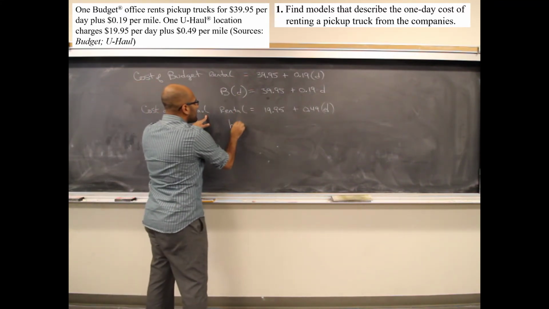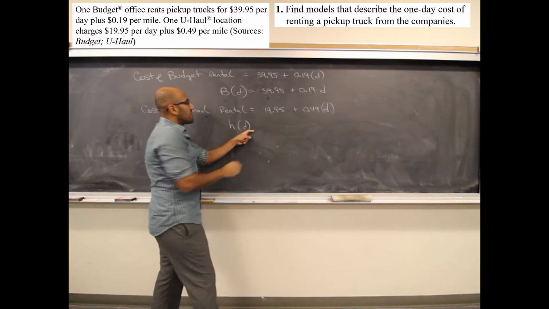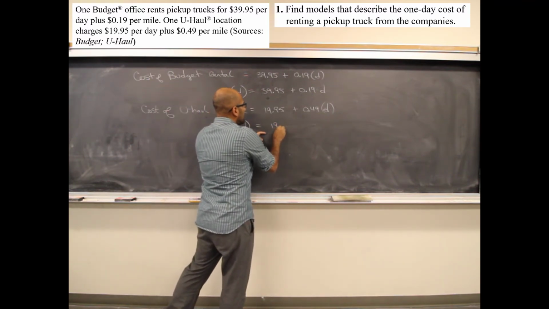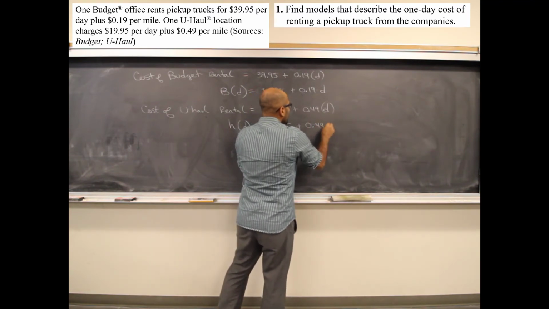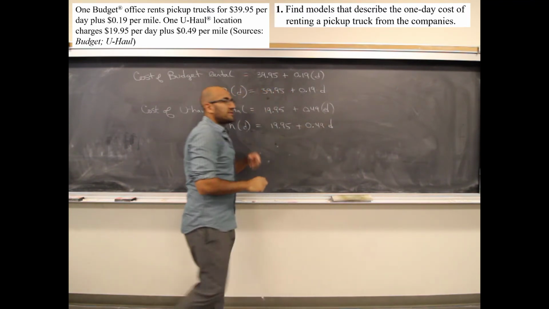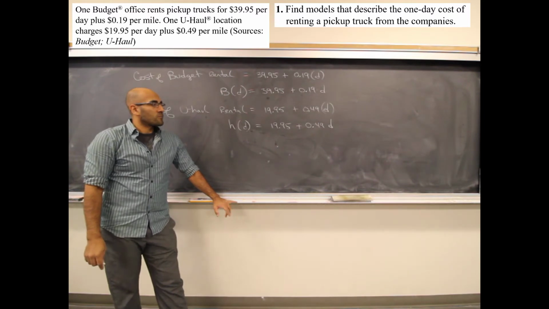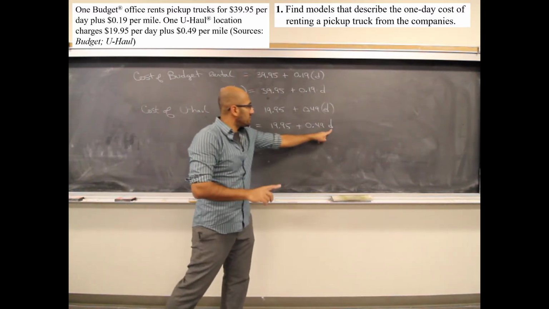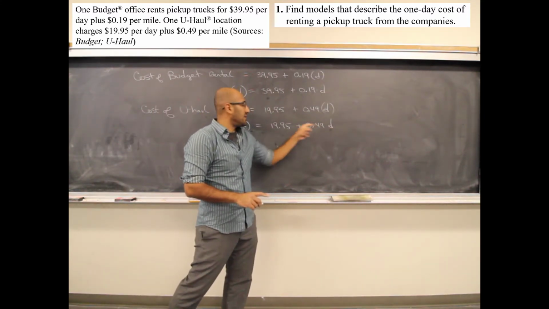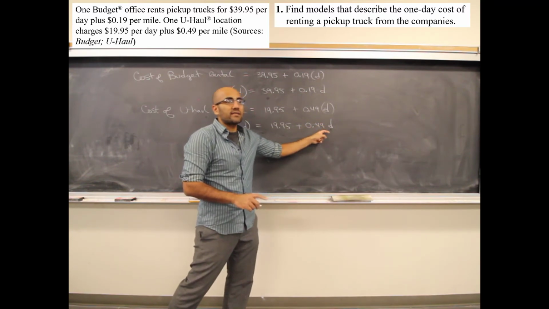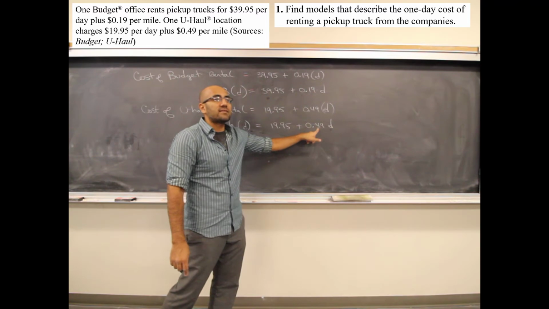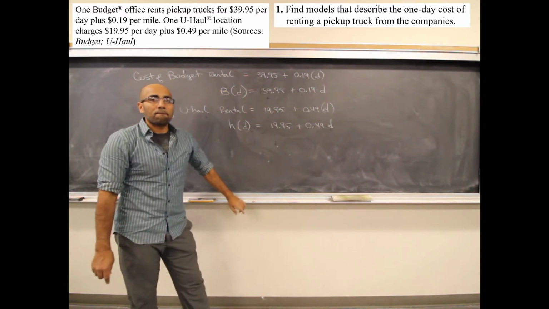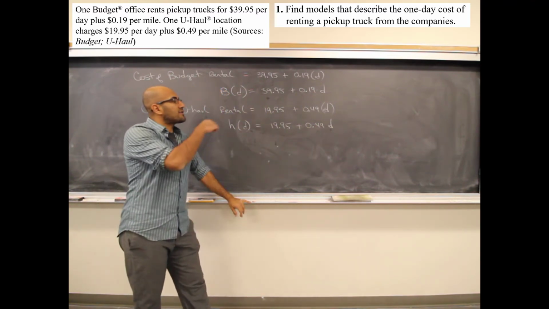Let's just go with h of D. So this is a function where you plug in the distance in miles, and the result will be your total bill for renting the truck for 1 day. Right? If you went 1 mile, then they would charge you at the end of the 1 day $19.95 plus 49 cents. If you went 2 miles, they would charge you $19.95 plus 98 cents, and so on and so forth. Okay, so we answered part 1.